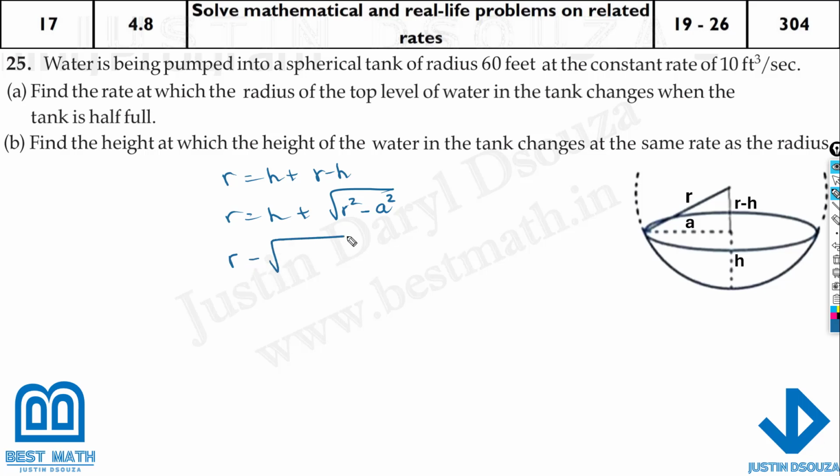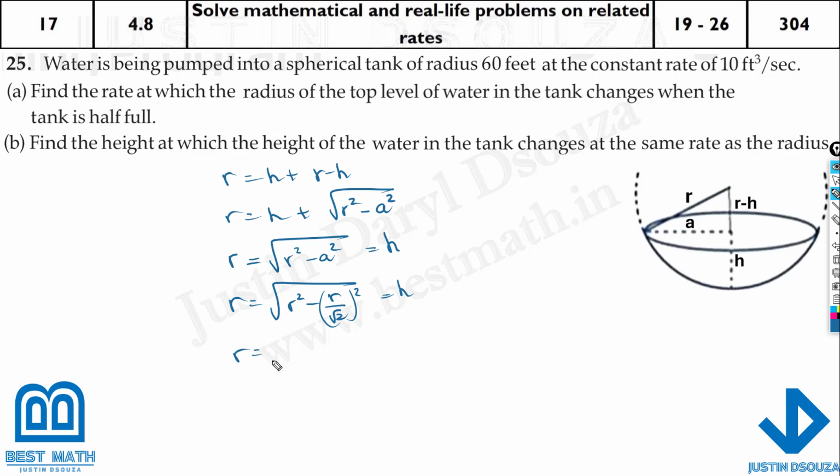R minus the square root of r square minus a square is equal to h. Now I will substitute the a value which we had recently got. So r minus the square root of r square minus, what was the a value we obtained? It was r divided by root 2, the whole square now. That is equal to h.